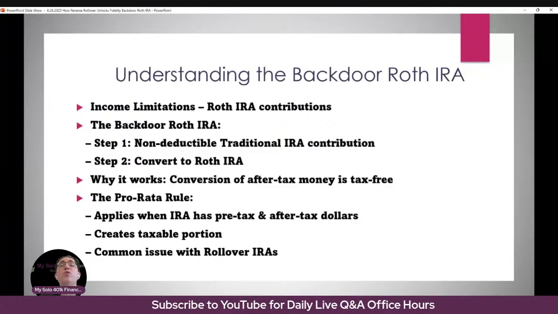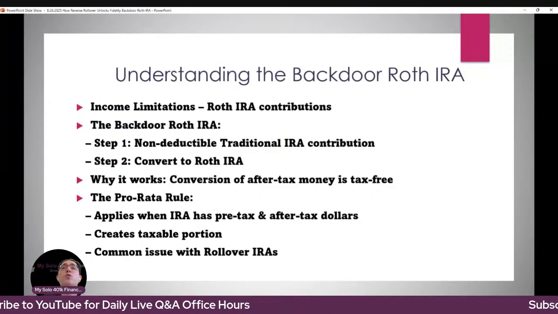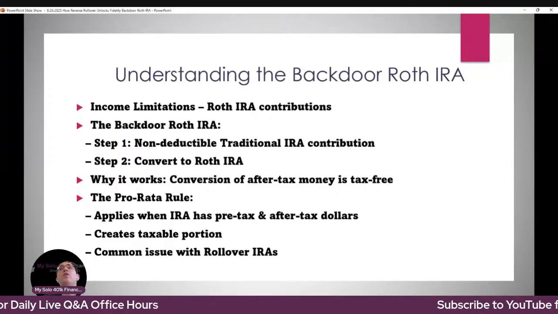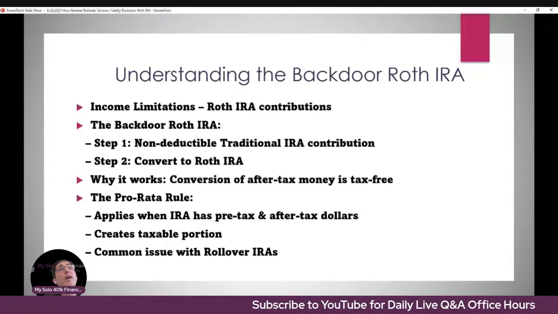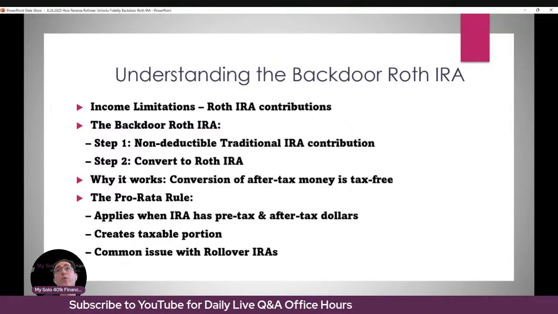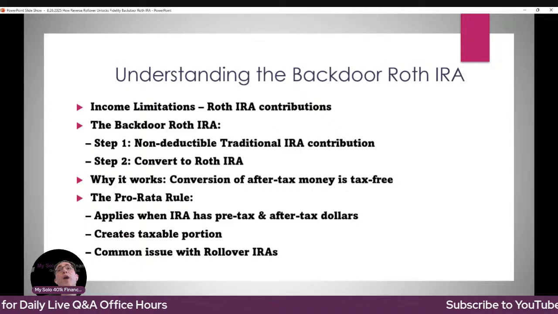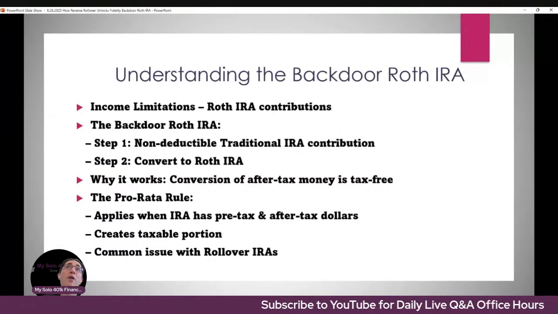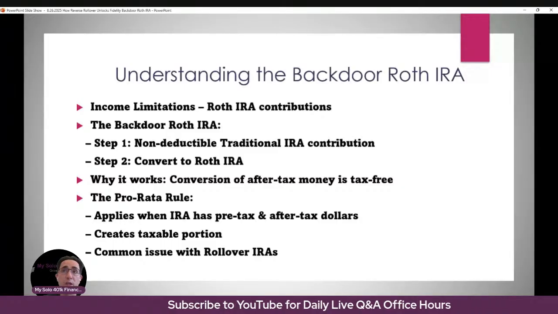And then step two is transfer those non-deductible IRA funds over to a Roth IRA. This works because it essentially allows someone to have funds that end up in a Roth IRA, hence the name Backdoor Roth IRA. Now, the problem is under the pro-rata rules that apply to IRAs, which apply differently to IRAs than, say, a solo 401k.